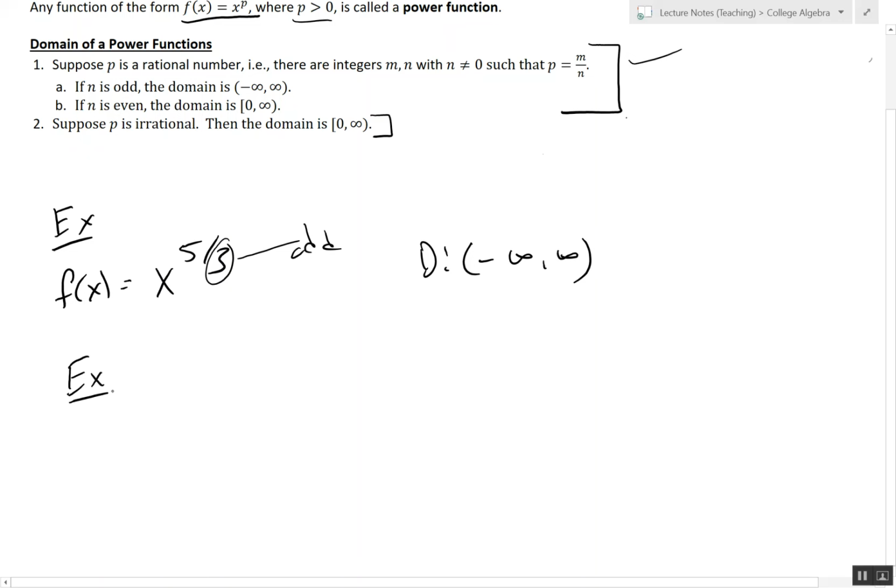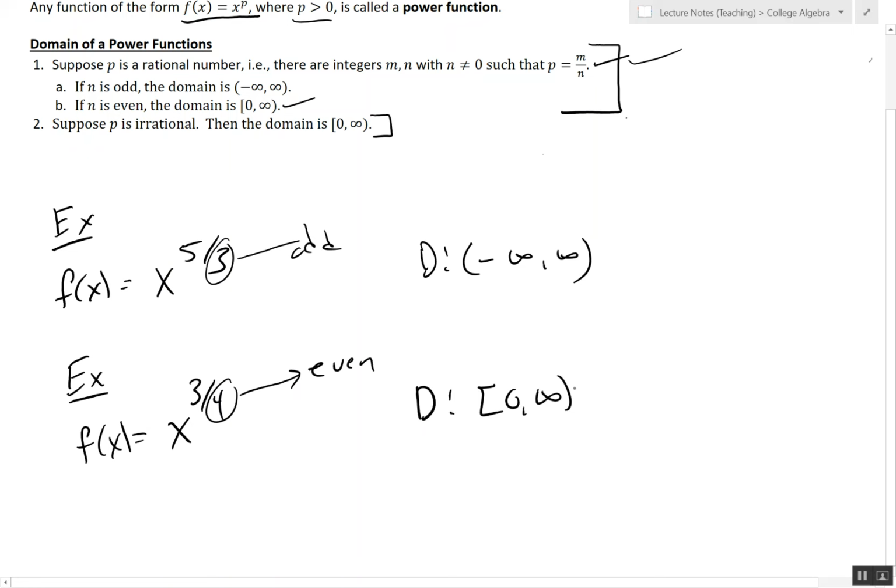So another example, let's just flip this around. f of x equals x to the 3/4. And again, you say, well, yes, this is a fraction, and this time the denominator is even, so our domain is 0 to infinity.